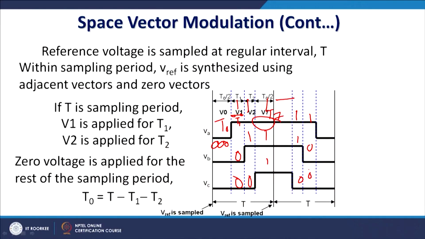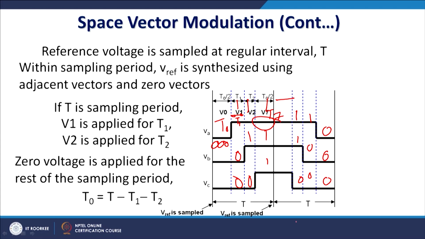Thereafter, we want 1 bit change, from 1 1 1 we should first go to 1 1 0. Thereafter, we shall go to 1 0 0 and then to 0 0 0.